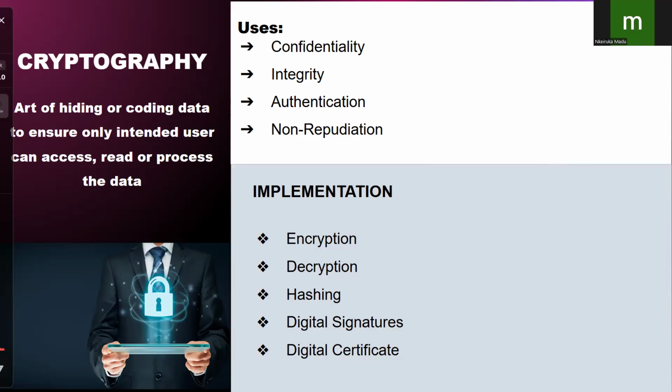So non-repudiation is how we ensure that a participating body does not come back in the future to deny they were involved in an action. Digital signature is what we use to implement non-repudiation.